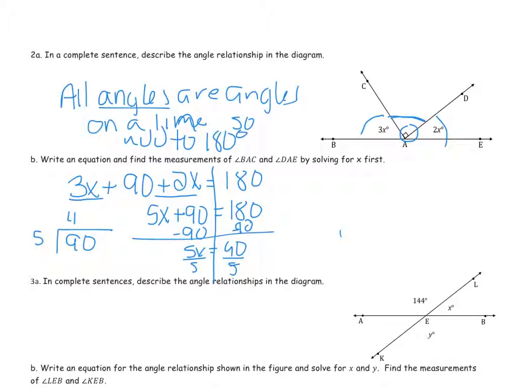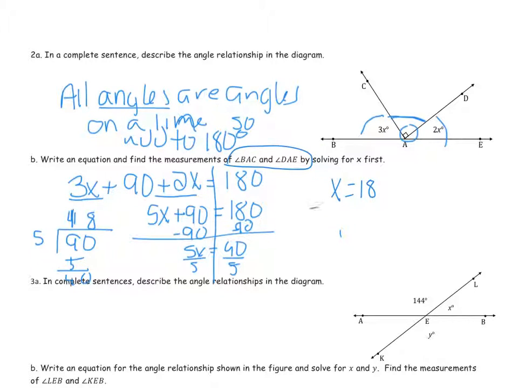It comes out to x is 18. But then it wants the measurements of these two angles.